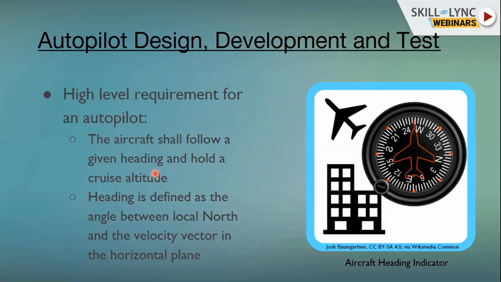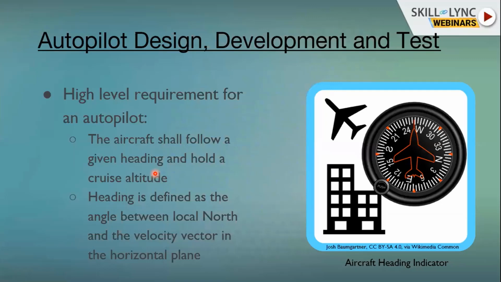They want to separate aircraft in altitude, so they specify an altitude. They also want a separation distance between aircraft flying in parallel, close to each other, to avoid any collision. So for a top level autopilot design, you could have a requirement like this: a specified heading and cruise altitude.